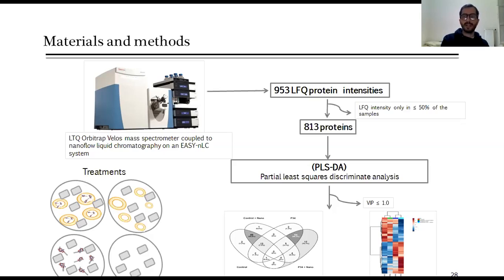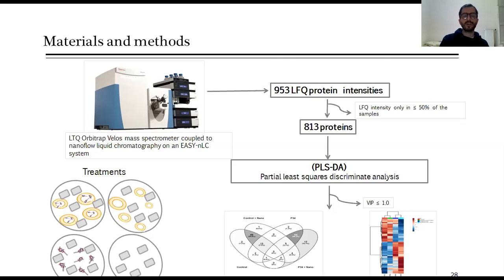After 1 hour of inoculation in these conditions, it was possible to carry out the protein extraction and trypsin digestion.